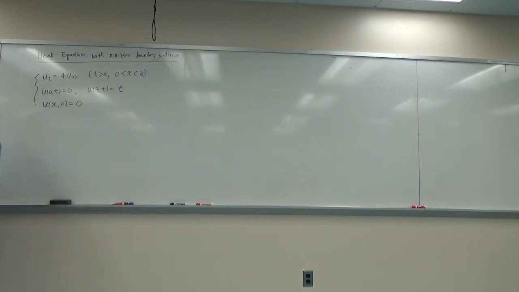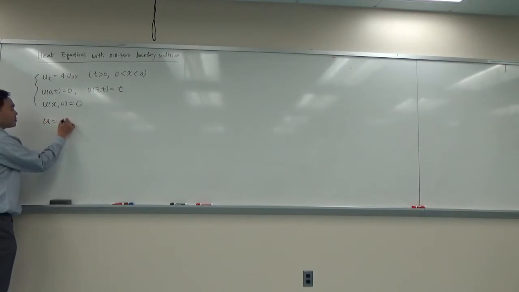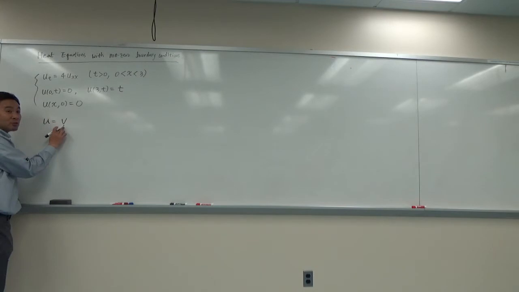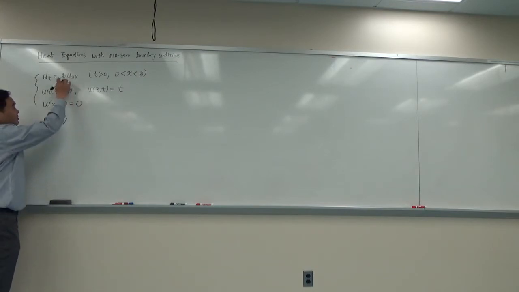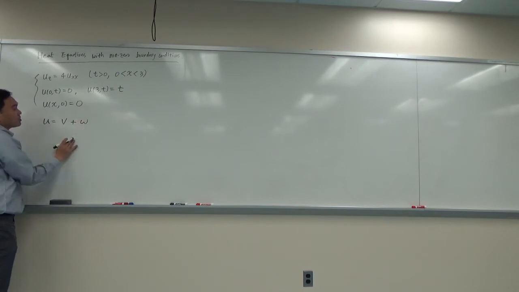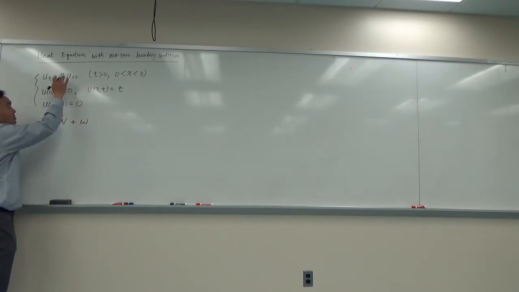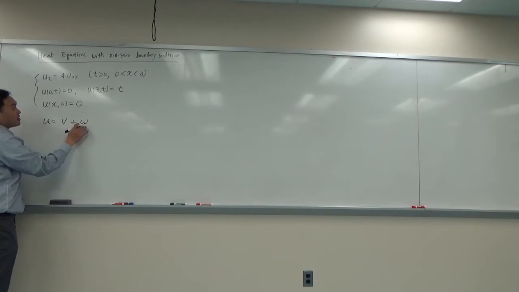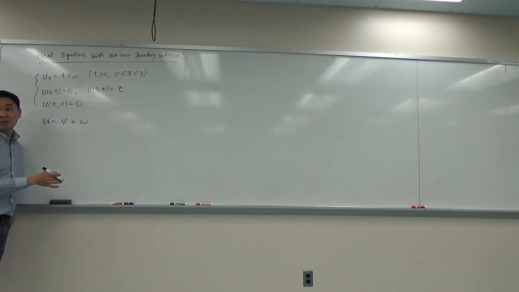Again, it's the same idea. The idea is to think of u as a sum of some function that would satisfy these three, and another function w, because this satisfies these three, this one ends up satisfying just this, and then this being 0.